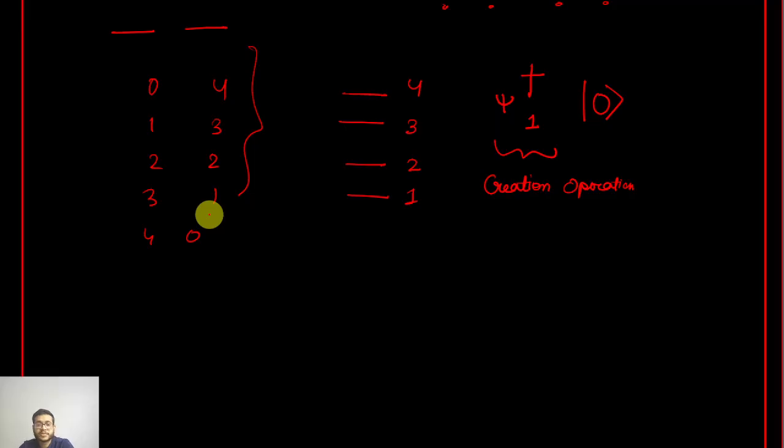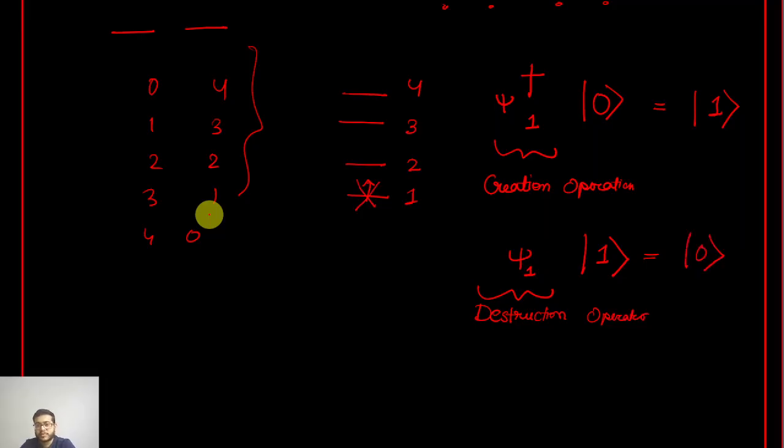Then one particle is created at state 1. Acting on this state 1 with psi of 1, called the destruction operator, the particle will be destroyed, so it will go back to 0.